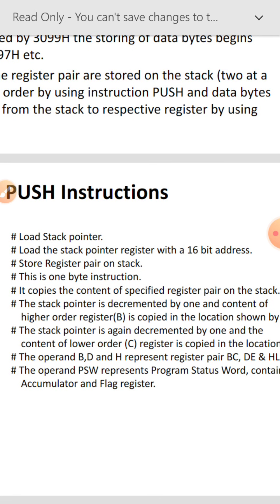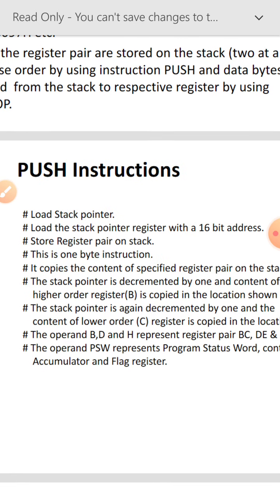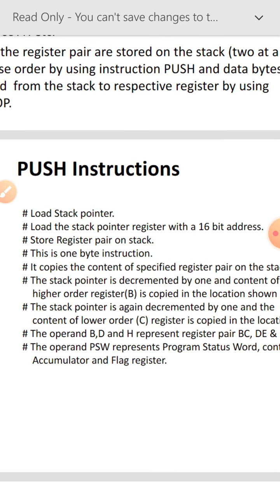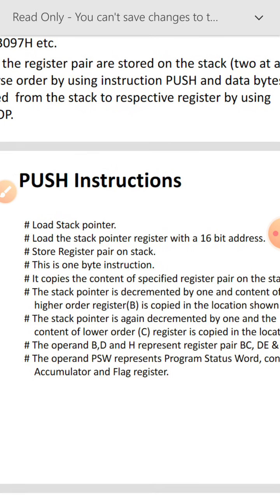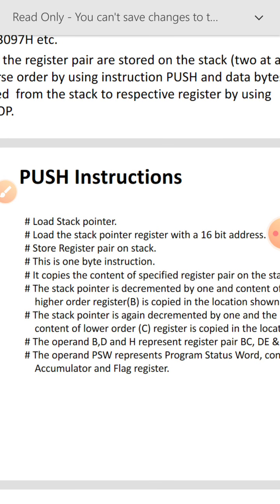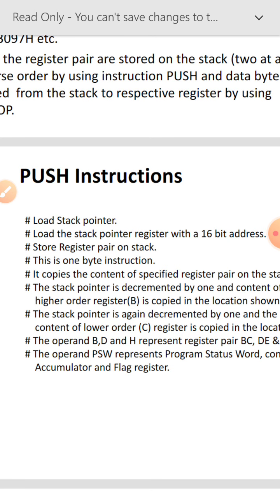Again, the stack pointer is decremented by 1, and the content of the lower order register is copied into that location. So if we are using the push B instruction, the B register is the higher order register and the C register is the lower order register. With push B, we want to copy the content of the BC register pair into the stack. But before it is stored into the stack, whatever the content of the stack pointer is, it is first decremented by 1.